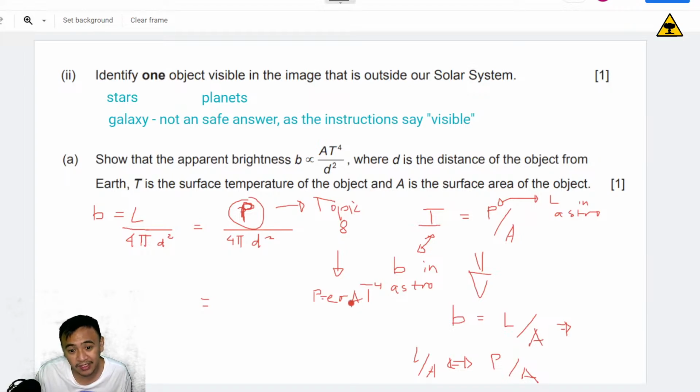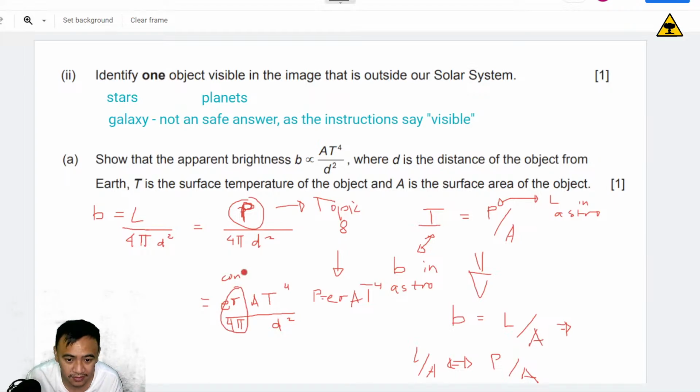Well, that's still okay, because if you think about it, the surface area of the object is more or less constant. So this is going to be emissivity, sigma, area, T to the 4, all over 4 pi D squared. These are all constants, right?